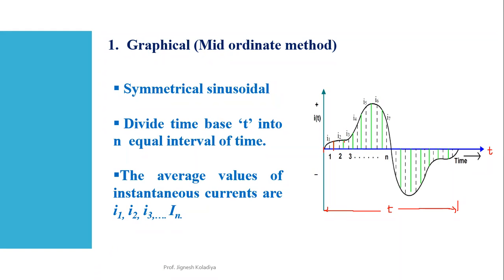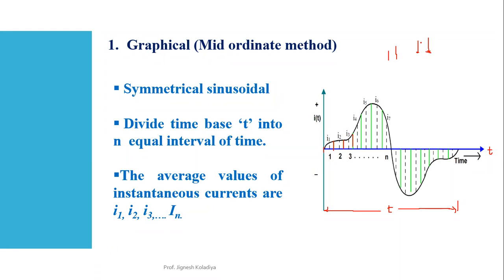Then this is the second interval, third interval. Likewise, we have n number of intervals. Each and every interval has 2 points, this is 1 and this is 2.